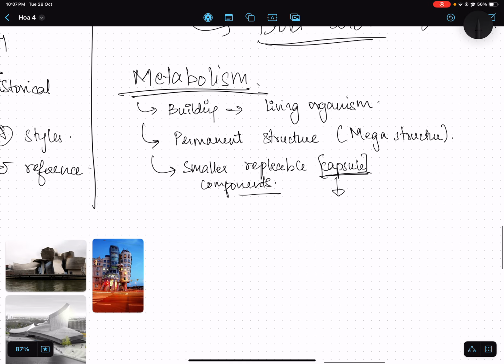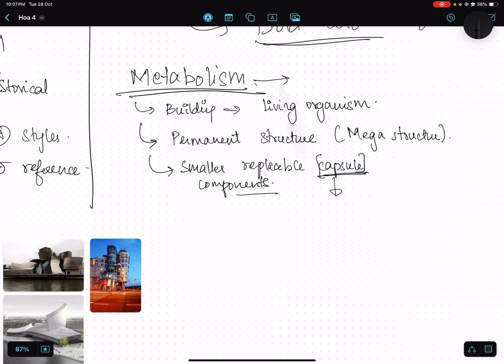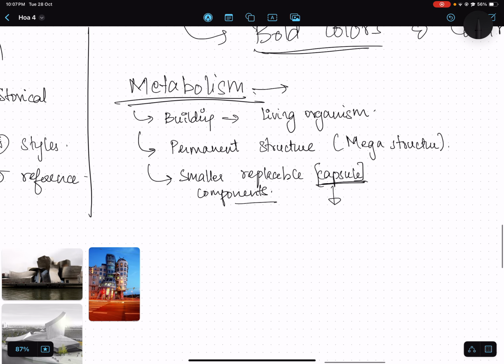And this metabolism was mostly found in Japan in the 1960s.